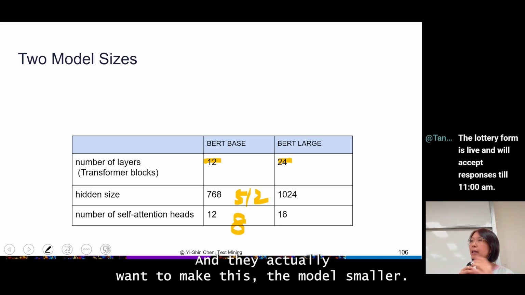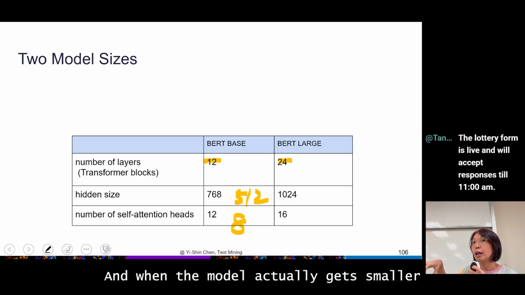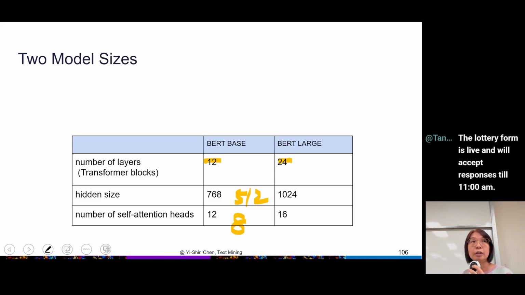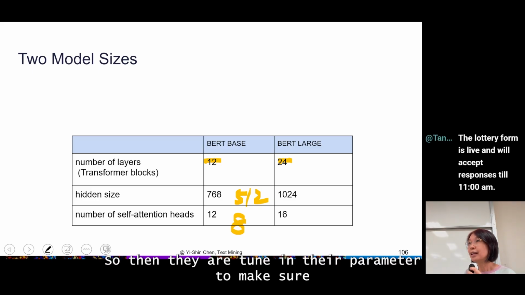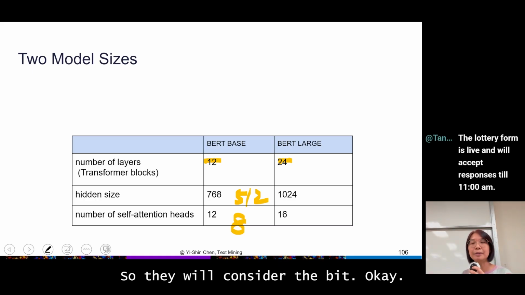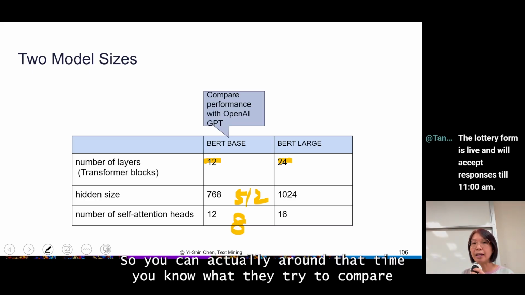But they actually want to make the model smaller. And when the model gets smaller, you will find that the performance is not that good. So they tune their parameters to make sure the model is small but can still outperform other models, so they can be considered the best. Why did they do that? Around that time, you know what they tried to compare with?